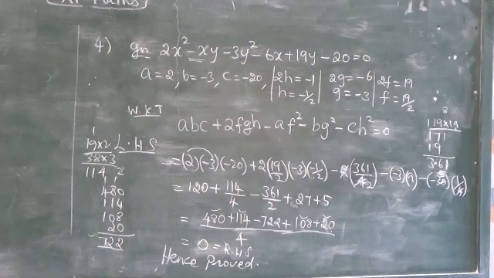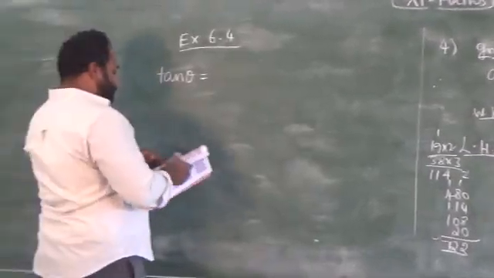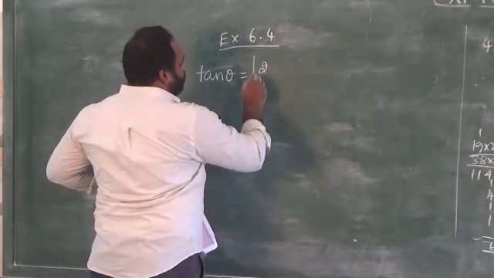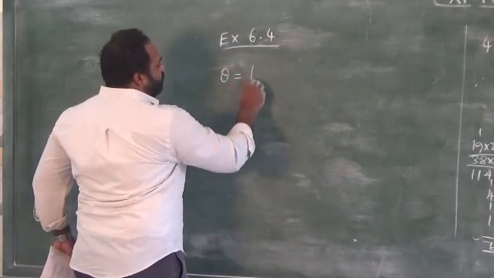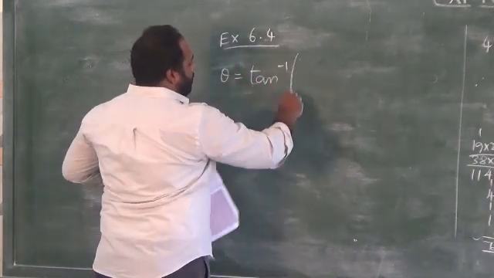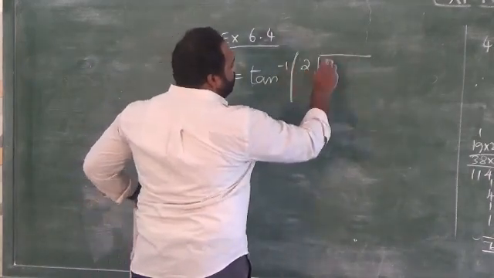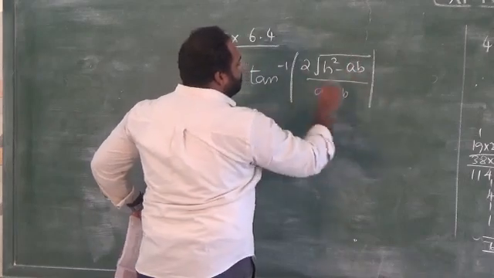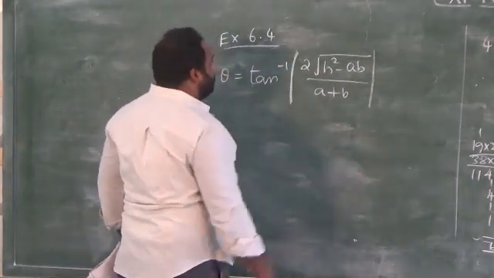So theta equal to tan inverse of modulus 2 root of h square minus AB by A plus B. This is the formula, a continuation of the fourth problem.